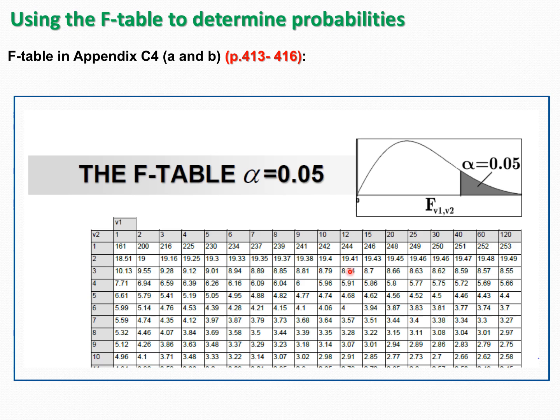And then we find our critical F values inside the table. The probability for the 0.05 table will be 0.05 for all these critical F values, and for the 0.01 table, the probabilities will be 0.01 for all those critical F values.